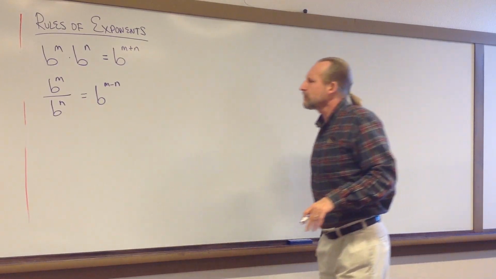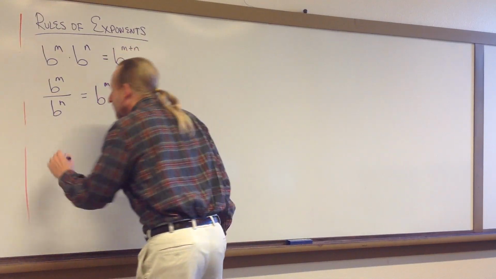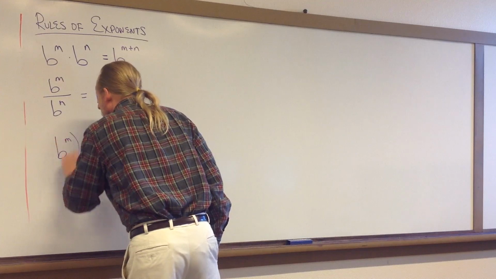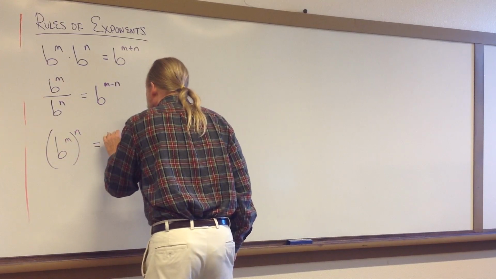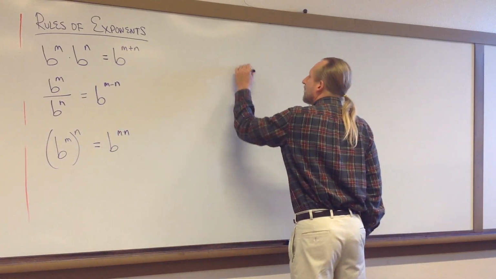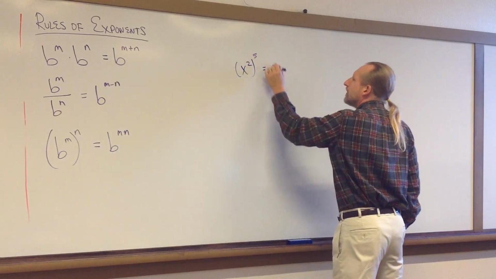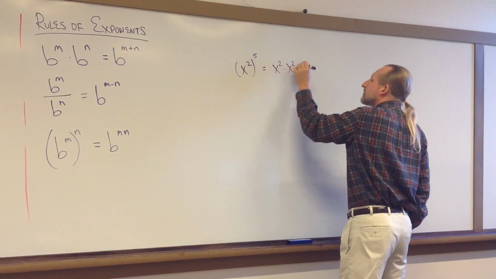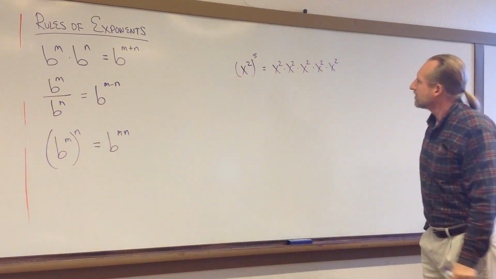All right, so next we get what's essentially the distributive property here. We get b to the m power raised to the n power. That'll be b to the m times n, right? Let's say we've got x squared to the 5th power. Then there's x squared, x squared, x squared, x squared, and x squared.